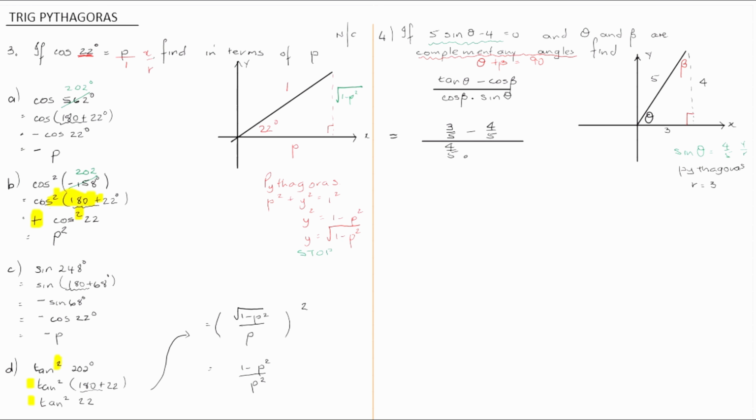Sine of theta is opposite over hypotenuse, so that's 4 on 5, and that is going to give me 8 on 15 in the numerator using an LCD, and 16 on 25, and the final answer is going to be 5 on 6. So that is an unusual one.